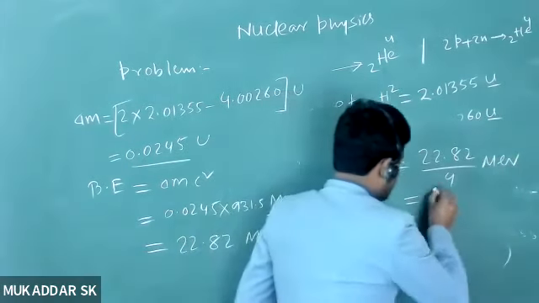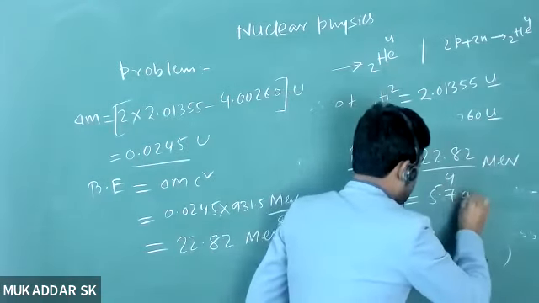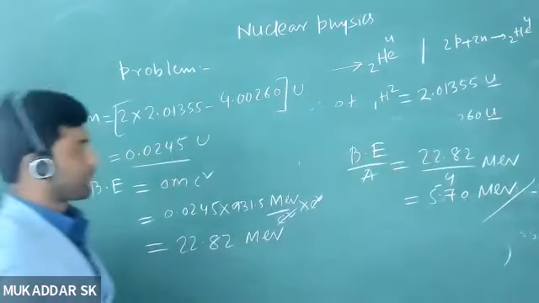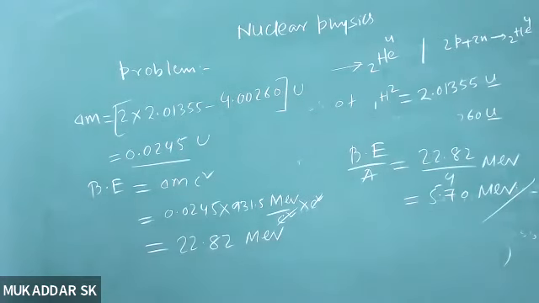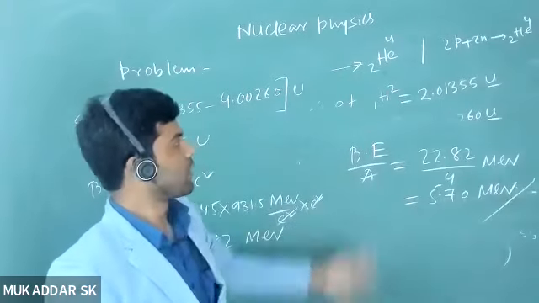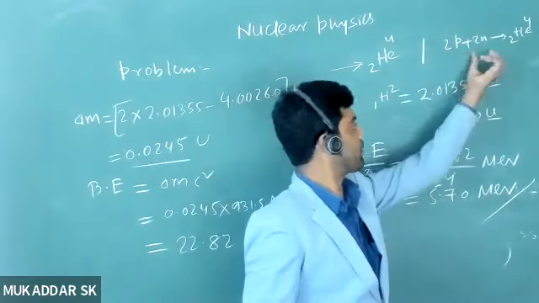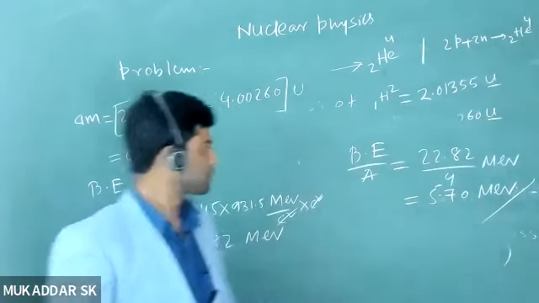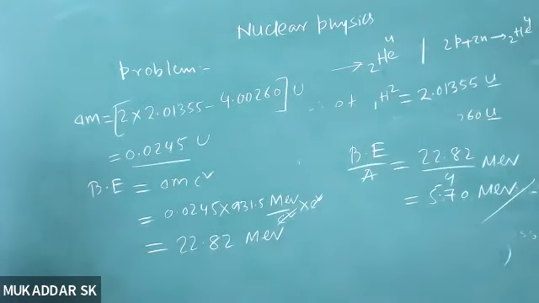And if you calculate, you will get 5.71. Exactly. Okay. So actually what I'm trying to say here is that binding energy per nucleon actually depends upon its constituents. If there are constituents like they have given, you may get some different values. Is this clear to all?